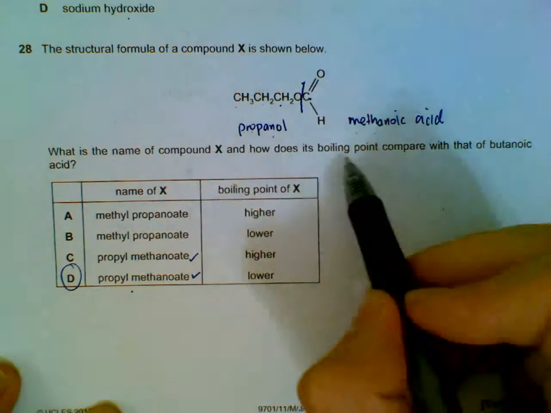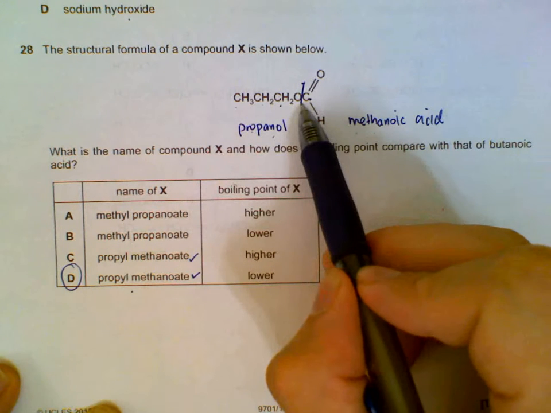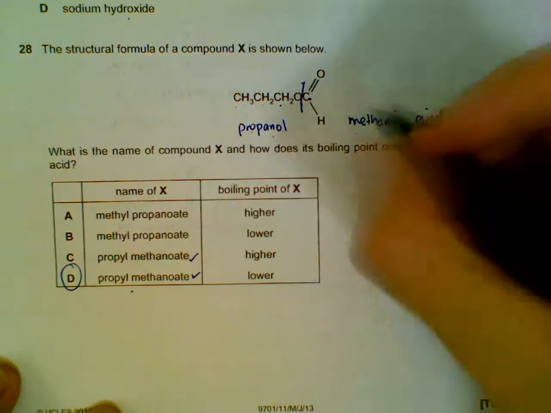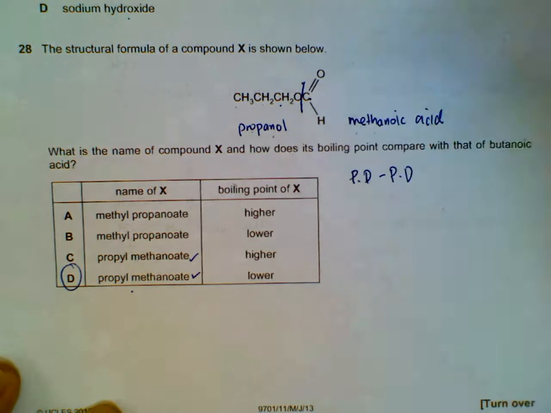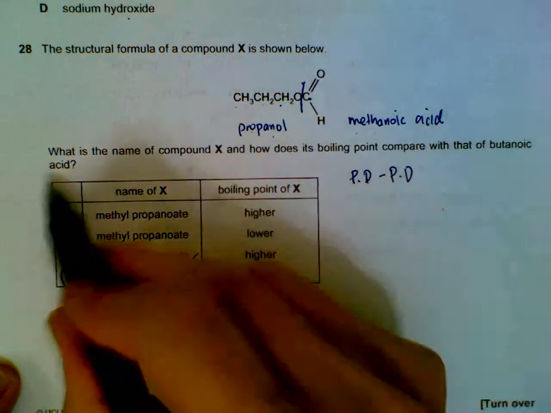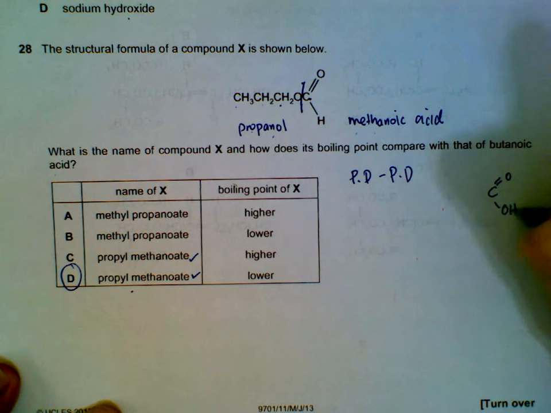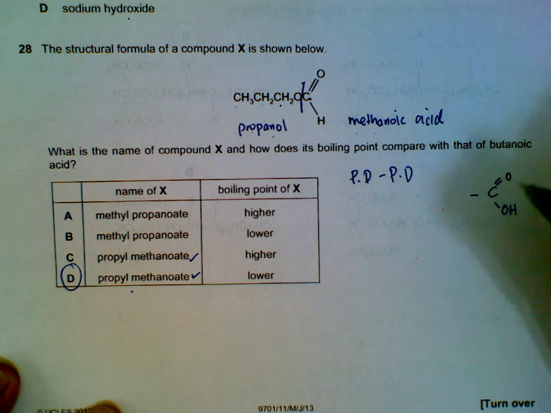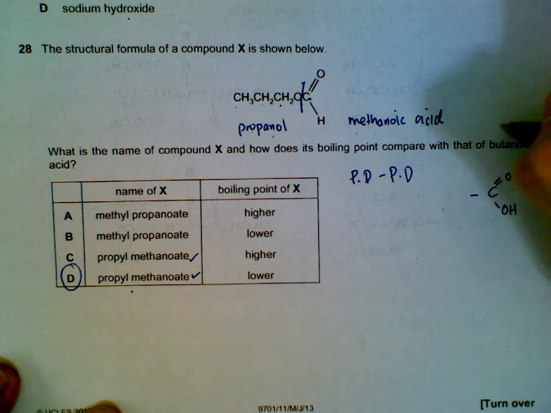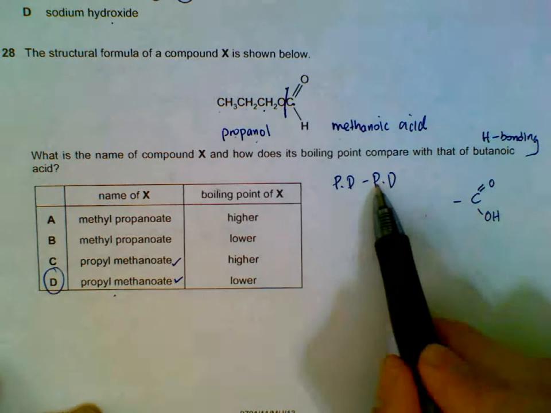Now, boiling point. This is a polar molecule, so it will have permanent dipole interactions. Comparing it to butanoic acid, because of the carboxyl group, butanoic acid is able to have hydrogen bonding, which is stronger than permanent dipole.